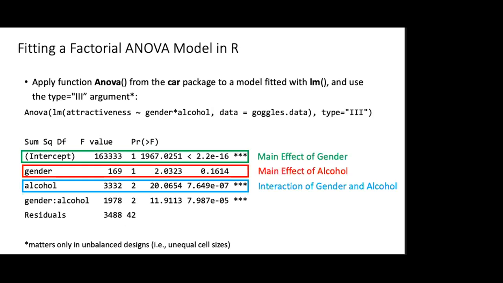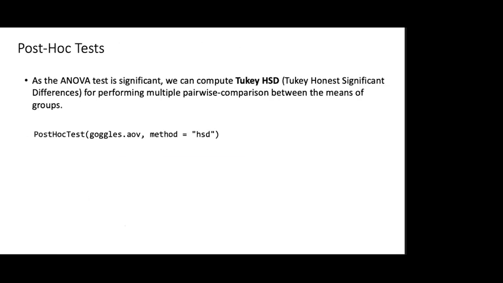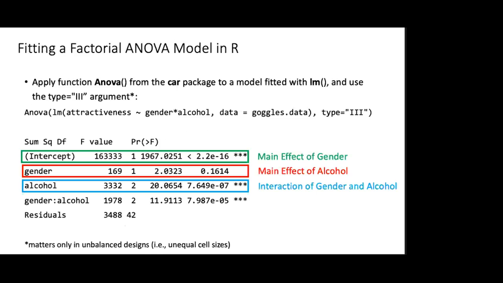Okay. So if you have a significant overall ANOVA, you may want to do post hoc comparisons, right? So here we have a main effect of alcohol, and we also have this interaction.